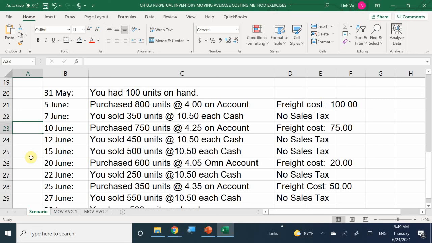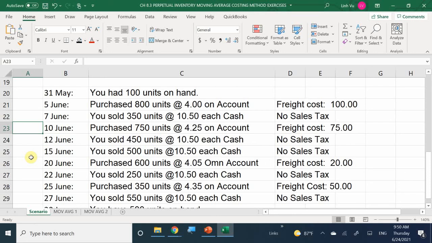So then June 10 rolls around. Right? We purchased a total of 750 units at $4.25 with the freight costing $75.